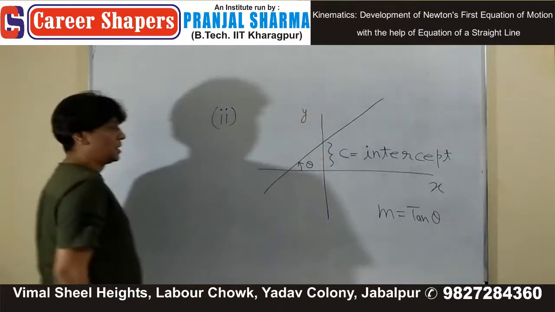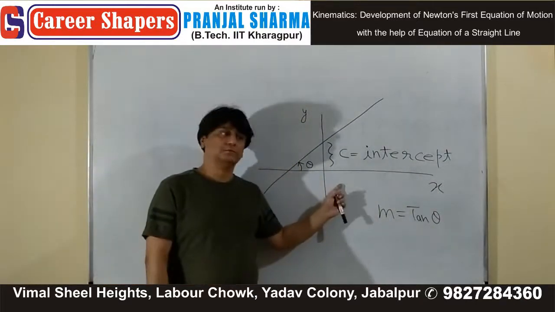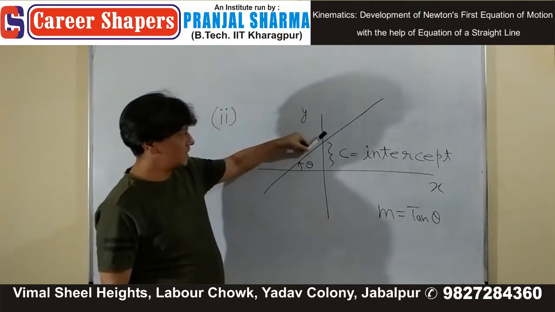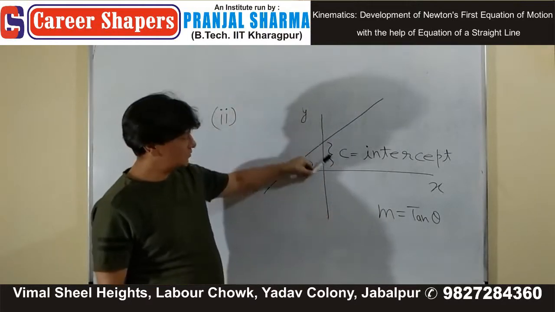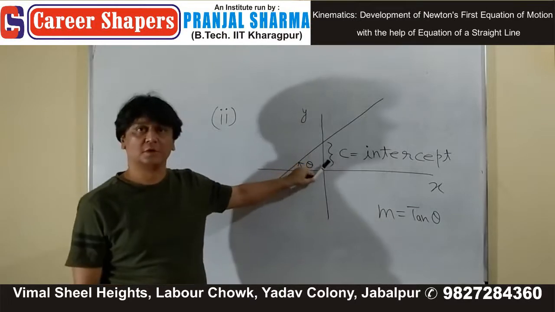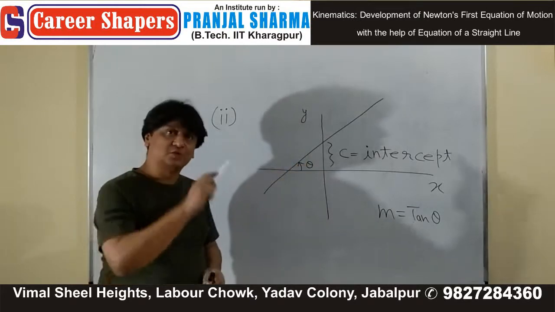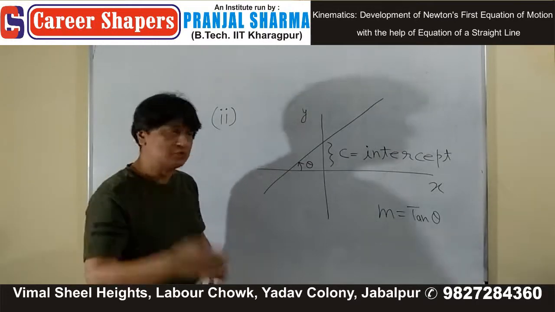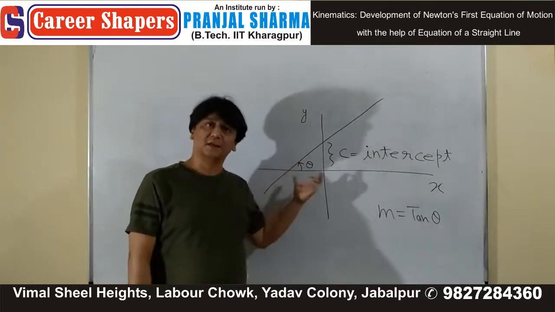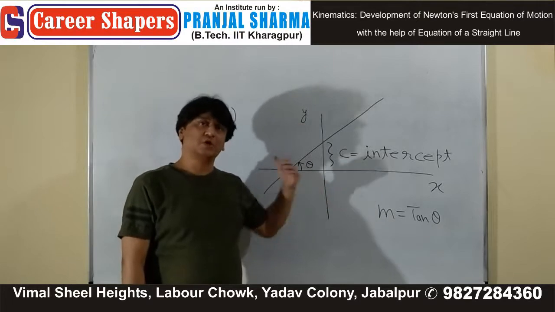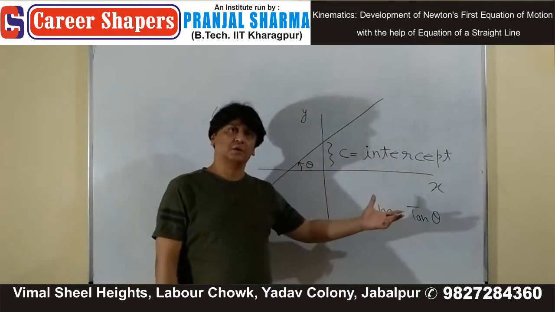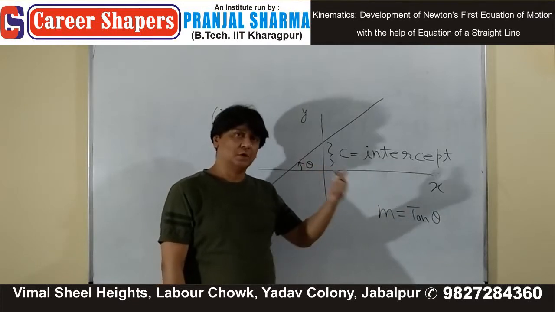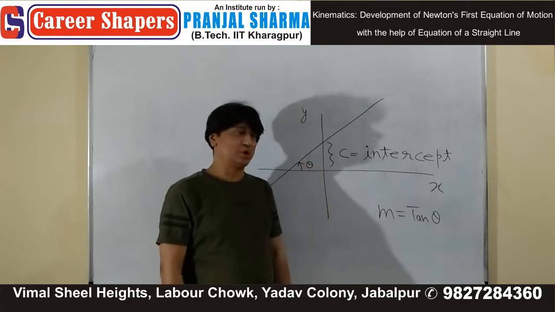Good. If C is 0, then this line will pass through the origin. Case 1 is nothing but a special case of the second situation. So once we develop the equation, and if we put C equals to 0 in that equation, you will get your case 1 only.